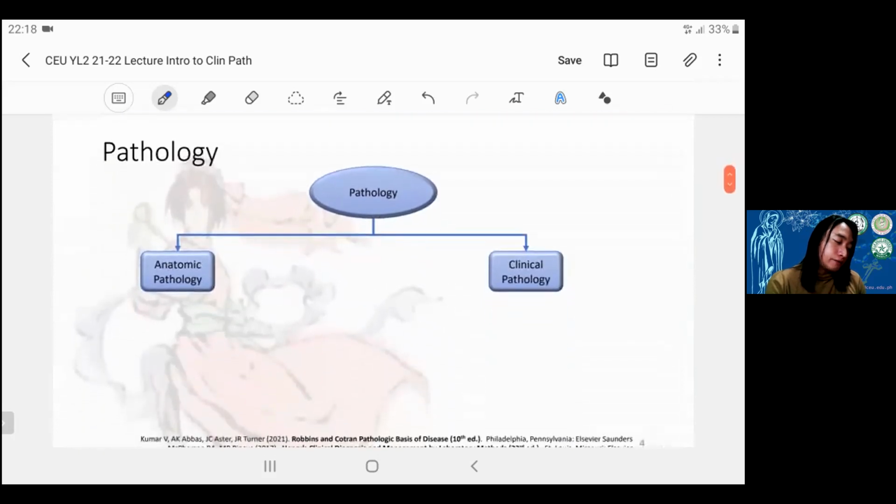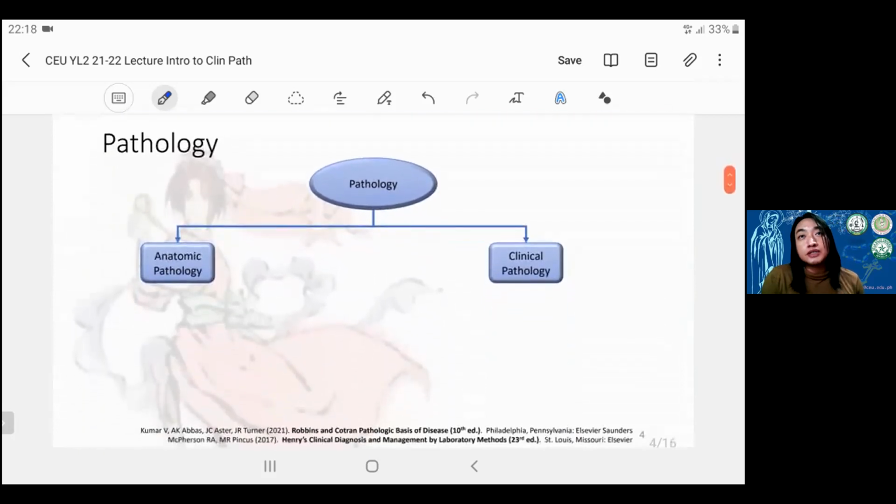And I think Dr. De La Fuente also mentioned that pathology is divided into two specialties: anatomic pathology and clinical pathology. So basically, what we have been discussing in the previous modules and the succeeding modules that we'll discuss will be under anatomic pathology. So general and systemic pathology, majority of it is under anatomic pathology.